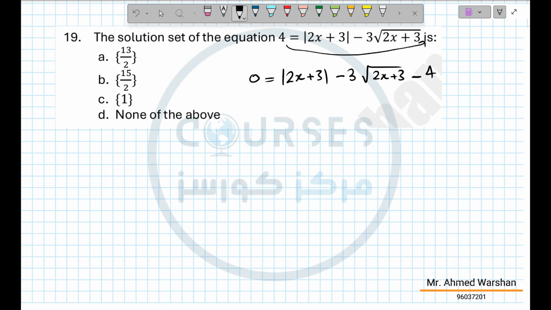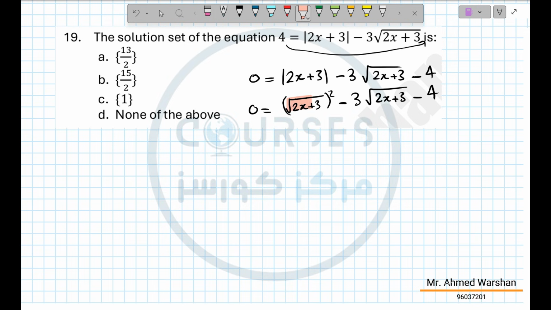What was the normal state of the absolute value? It was square root of 2x plus 3 and then power 2. The power 2 cancels with the root, so it gives you the absolute value. Minus 3 square root of 2x plus 3 minus 4. Doesn't this look like a quadratic?